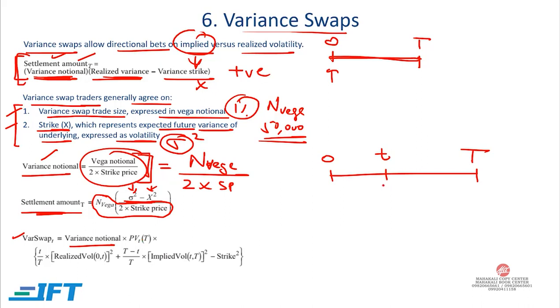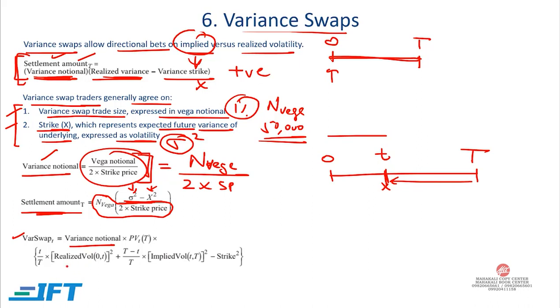So it is the variance notional, and then we calculate the present value over here, so we will have to discount back. Then we have small t over big T, which is the fraction of time that has gone by so far.